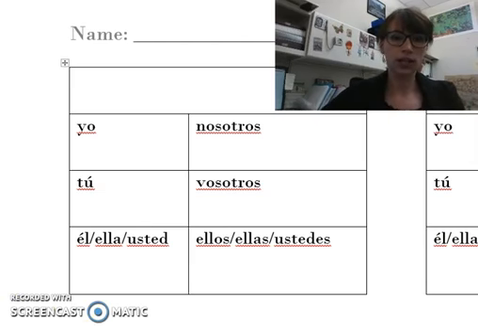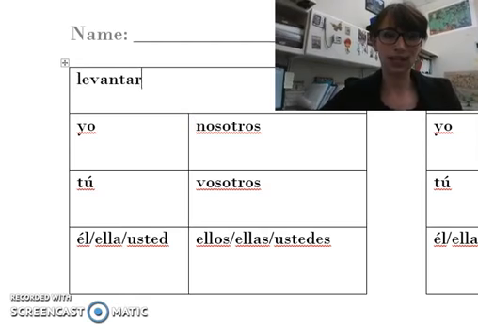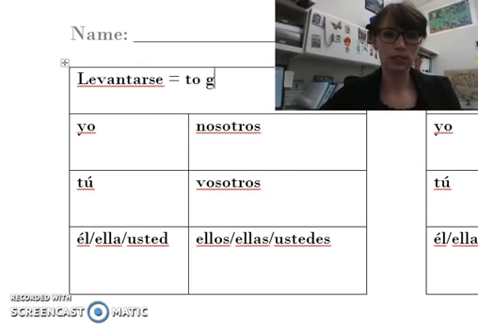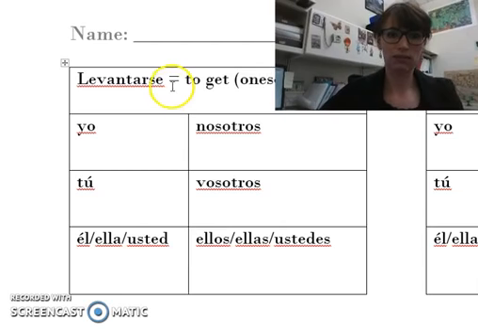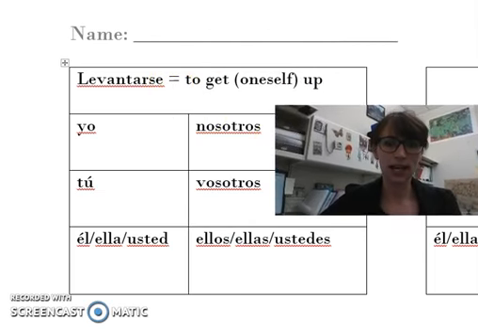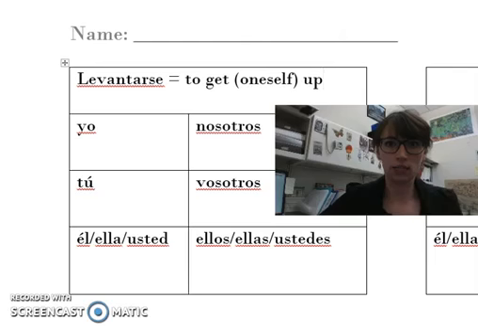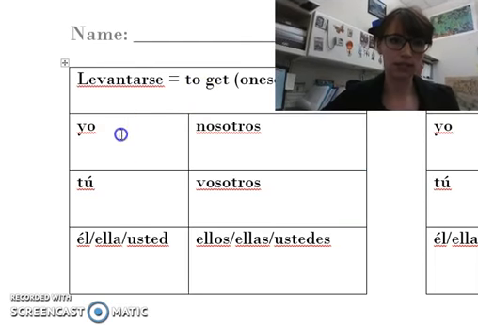Let's look at an example of how we would do this on a conjugation chart. Let's use levantarse. And that, of course, means to get (oneself) up. The reason that I'm putting oneself in parentheses is because it's kind of a confusing way to think about it for us as English speakers, but since the se does mean oneself, it helps to put that in the definition.